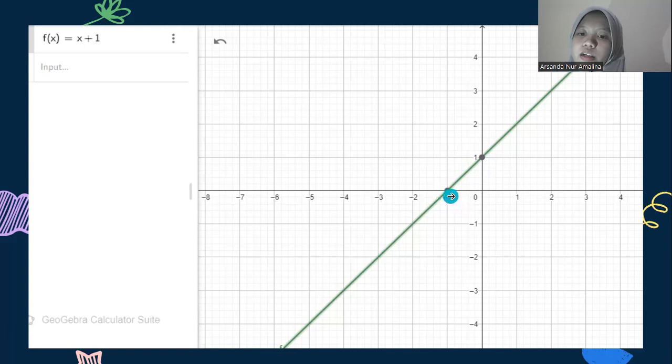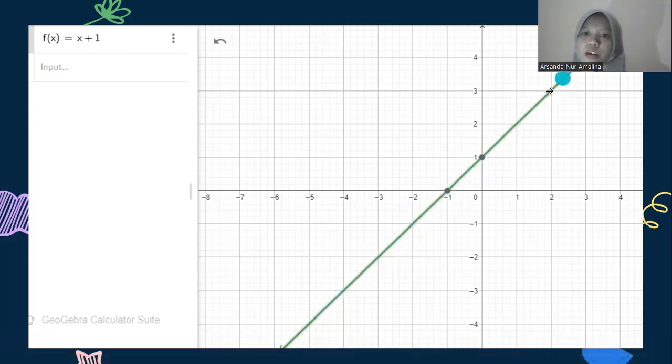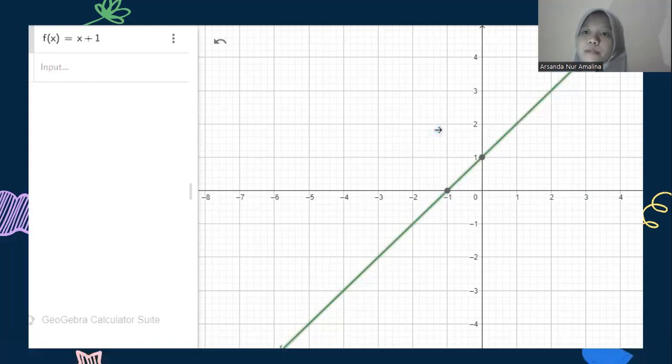We place the ordered pair here by a dot, and we make a line with this. You can also make other ordered pairs, for example (2, 3), and connect them in the line. I use GeoGebra to make it easy and simplify the drawing of the graph.